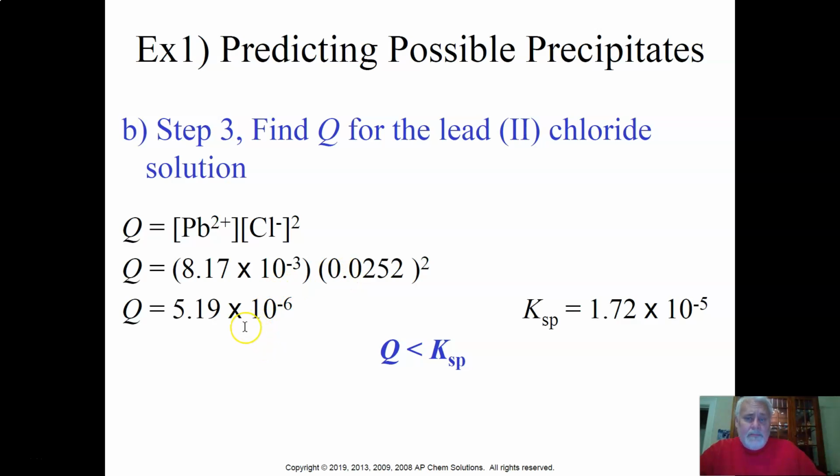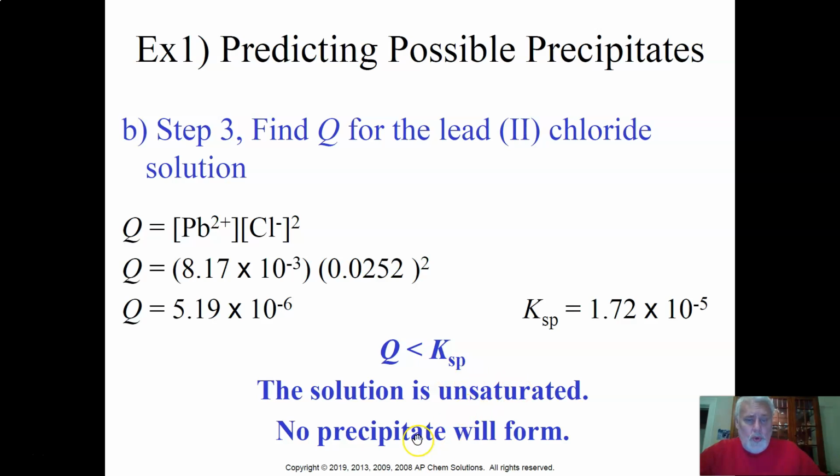Now the key to really getting where you're at: if you added those two solutions, would a precipitate form? Well, as it turns out, our Q, once we figured out these new concentrations, is less than the KSP.